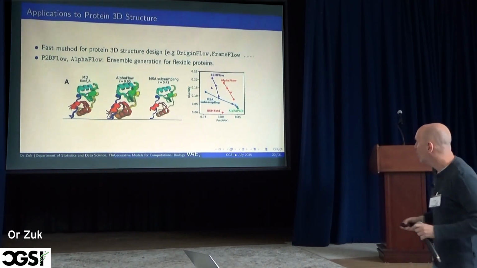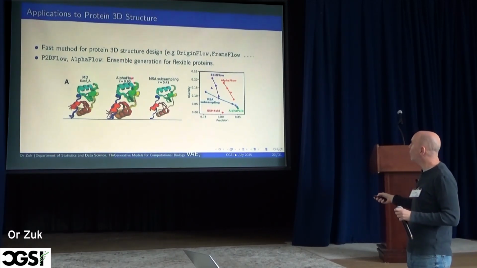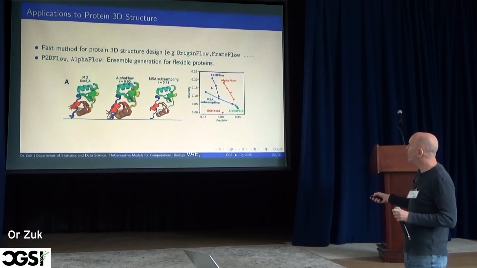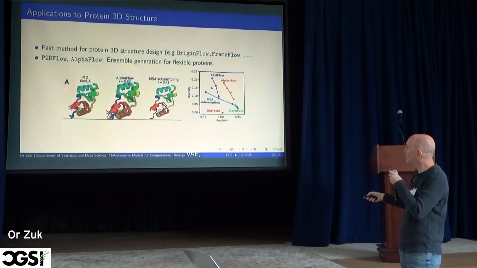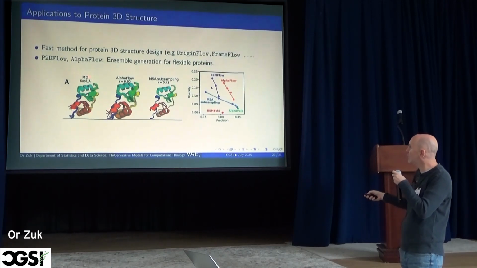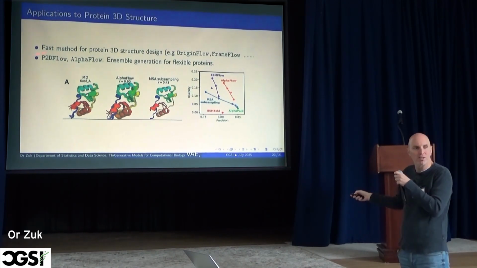And this method from last year was using flow matching together with AlphaFold to actually recover quite well, at least in some cases, the diversity that you observe in molecular dynamics, but in a much faster way. So this is actually computationally tractable.